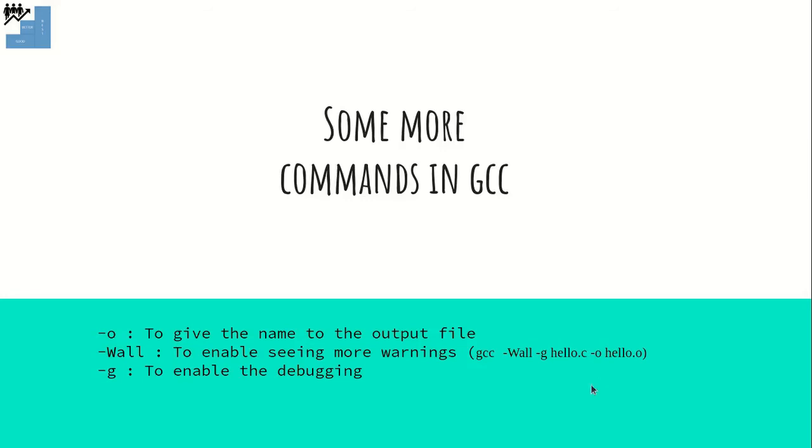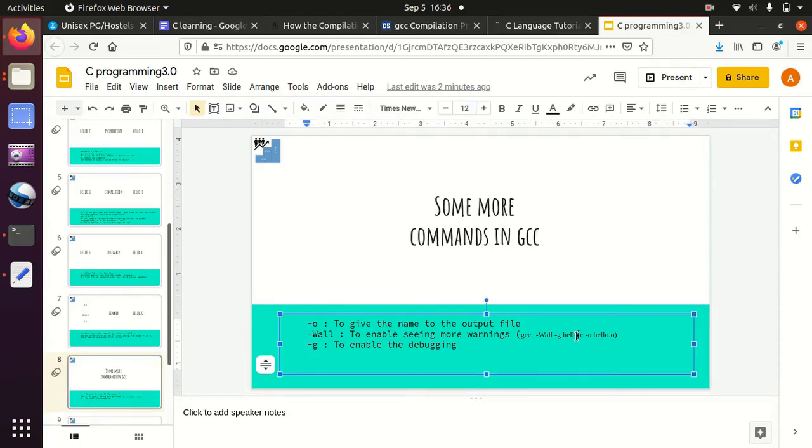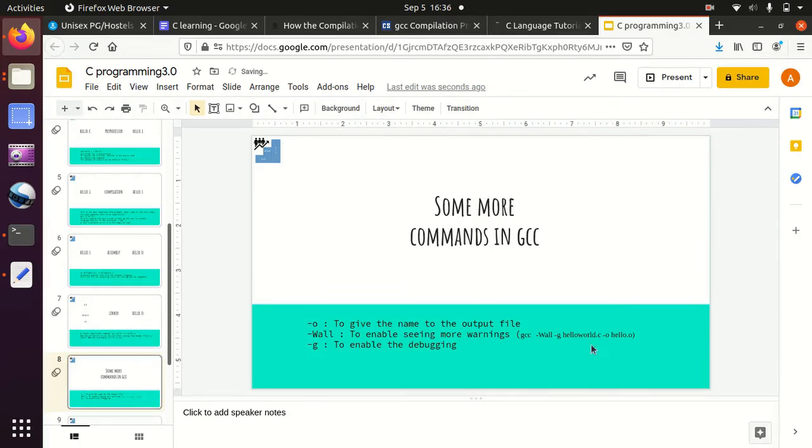And the -o option is to tell what is going to be the name of your output file. As you know, we had a source code named hello world.c, and the executable that we finally produced was hello.o.